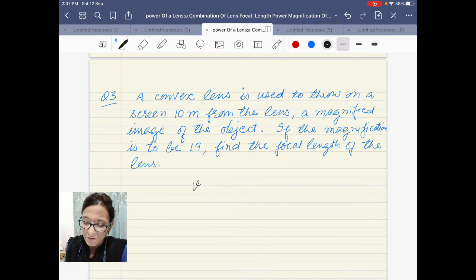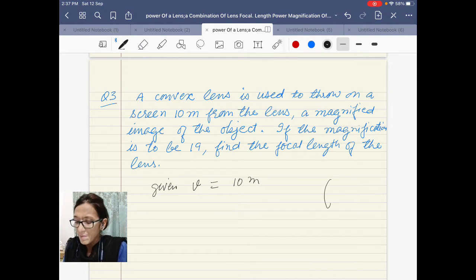So image distance v given is equal to 10 meter, and it should be positive because the image is forming on a screen and it is on the right hand side of the lens, and it is in the direction of the ray converging in the direction of incident ray, so v should be taken as positive.